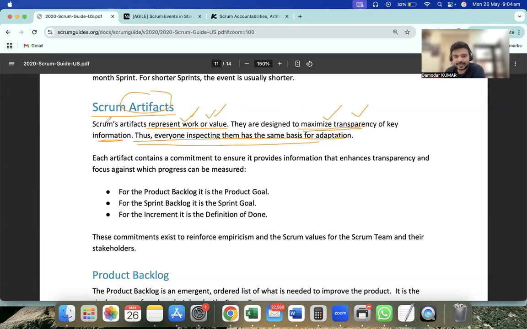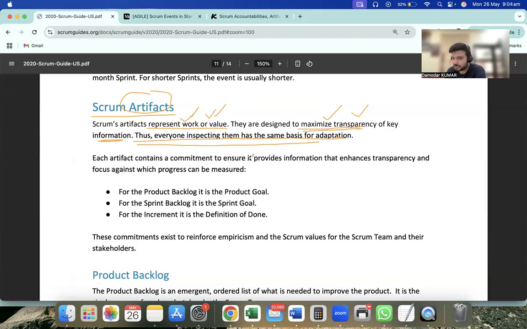So again, let me quickly read it out for you. Scrum artifacts represent work or value, designed for maximizing transparency of key information. Thus, everyone inspecting the artifacts has the same basis for adaptation.